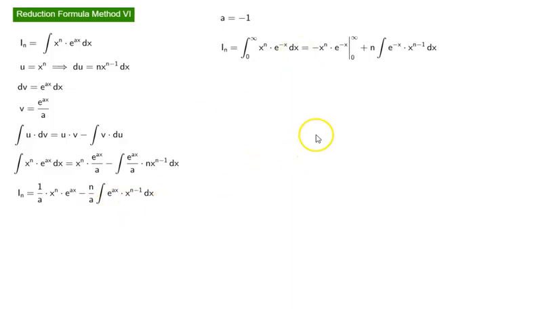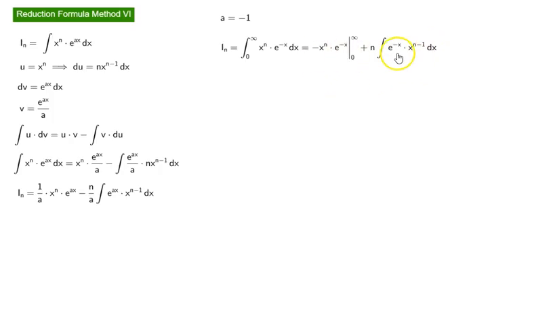If we apply the definite integral version of this formula, we get minus x to the power of n times e to the power of minus x from 0 to infinity, plus n times the integral of e to the power of minus x times x to the power of n minus 1 dx.